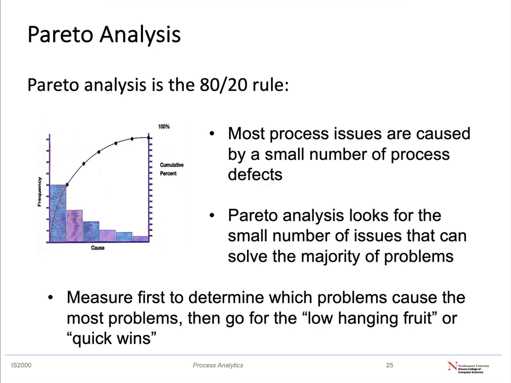So the idea behind Pareto analysis is to identify what your issues are, identify those small number of issues which are causing the majority of the problem, and fix those first. So instead of trying to fix every issue, fix the ones that are causing most of the problems. And often by solving 2-3 problems, you fix the vast majority of the complaints with a process.